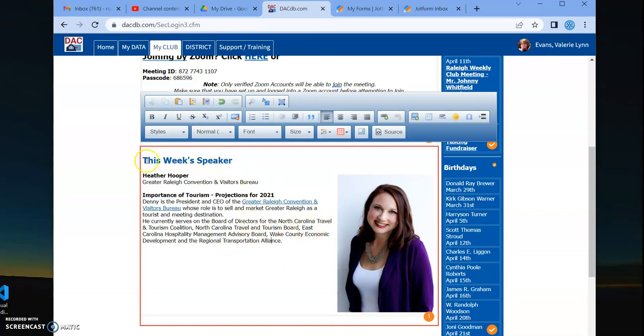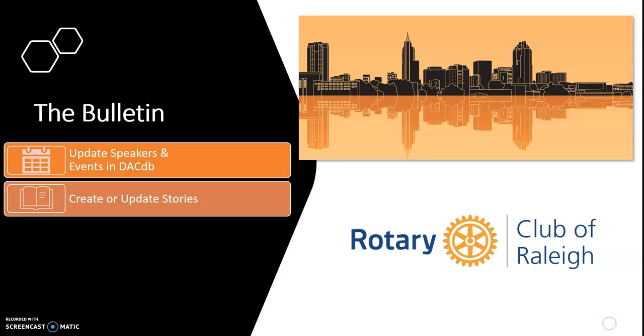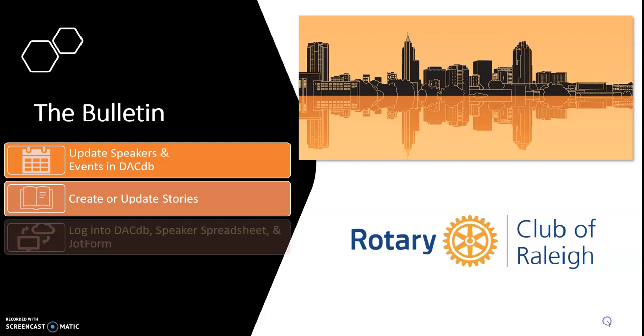You can just add the item this week's speaker and update that information right here. So again, a reminder, when you're creating the bulletin, make sure that you have all of your speakers and events updated in DACdb first. Make sure that you have created or updated any stories that you're going to need to add to the bulletin before you get started in the bulletin.